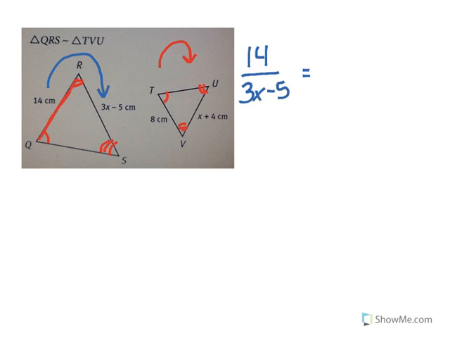So I went from my first single dashed angle, which is this piece right here, and then I went over to the second triple dash side. So this is the movement that I need to follow based on the angles. And that's 8 on top of x plus 4.